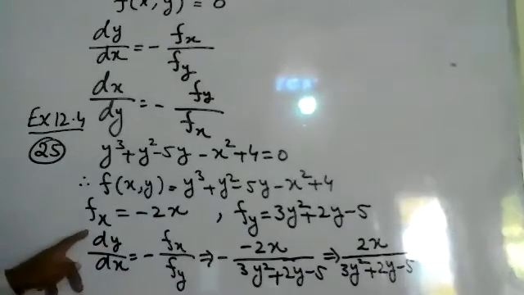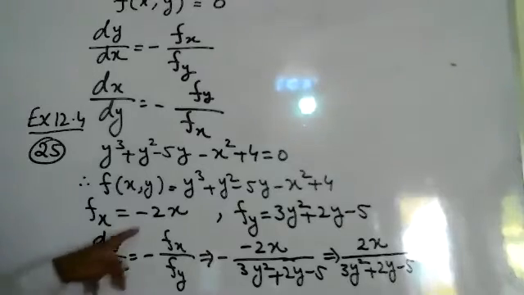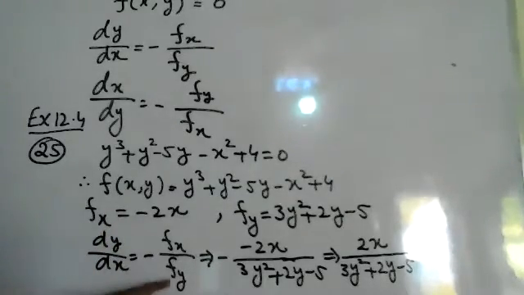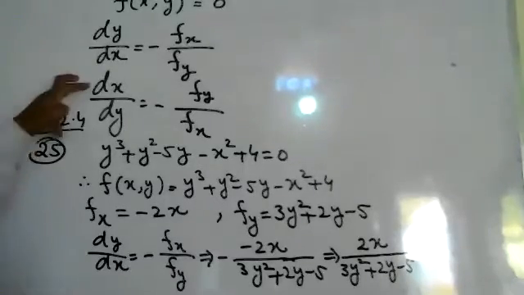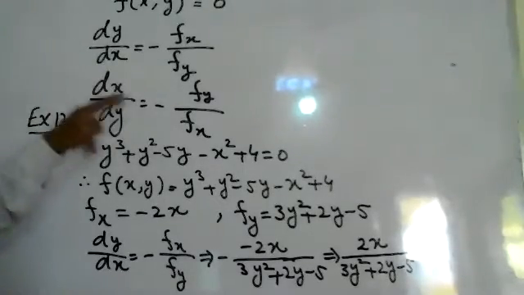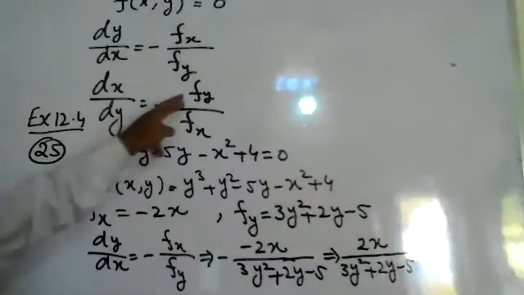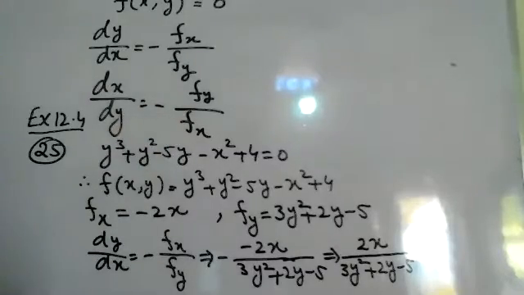Remember, if it is dy upon dx, f of x will be on top and f of y down below. If it is dx upon dy, f of y will be on top and f of x below. So that was question number 25. Have you all understood?